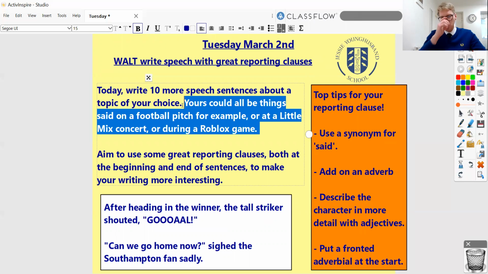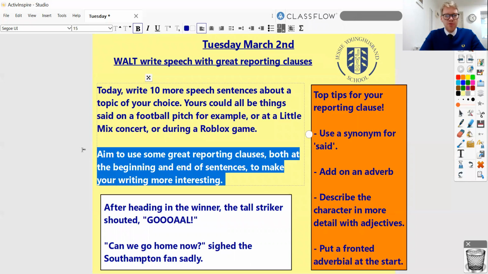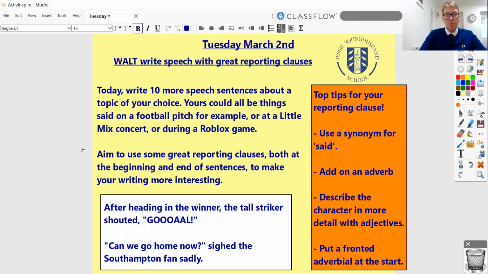So pick something that interests you, and then think about things that might be said or heard during that activity or event or interest. So if you absolutely love gymnastics, maybe it could be 10 sentences that you might hear while doing gymnastics. I want you to really aim to use some brilliant reporting clauses, both at the beginning and end of sentences, to make your writing more interesting.